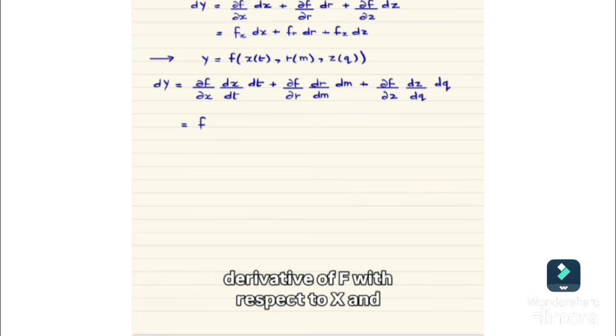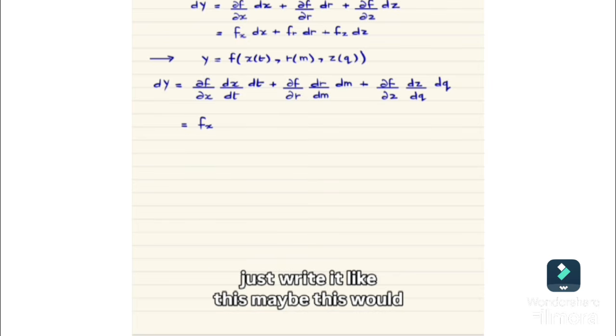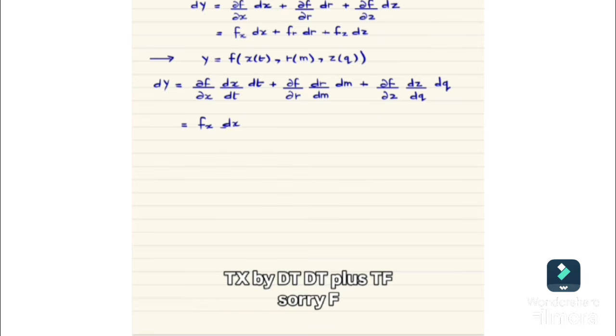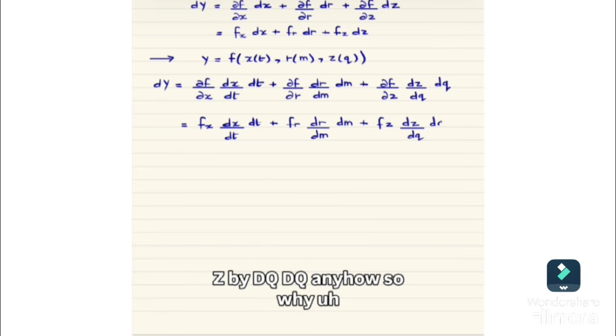The derivative of f with respect to x, times the derivative of x with respect to t, and dt, plus, or maybe we can just write it like this: f_x, dx by dt, dt, plus f_r, dr by dm, dm, plus f_z, dz by dq, dq.